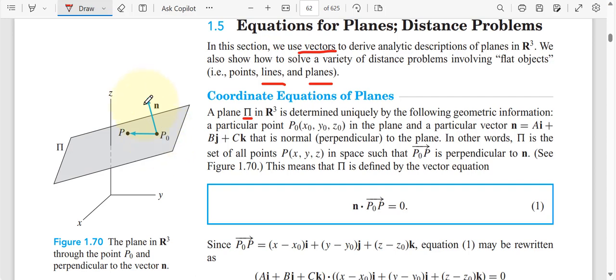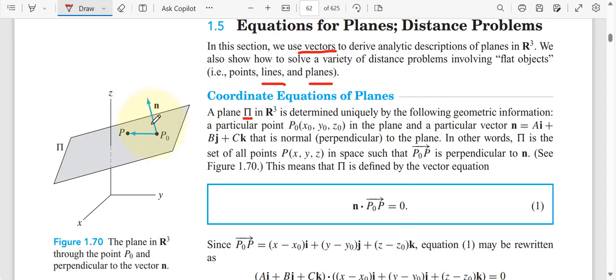So in other words, suppose we have a vector n, then we can talk about the plane which is perpendicular to n. But you'll say, no, that's not right, because there are many planes that are perpendicular to n, and that's right. But at least it's not all possible planes, right? There are many planes that are perpendicular to n, but there are certainly many planes that are not. So we're going to put in one condition, that the plane has to be perpendicular to n, but that doesn't single out a unique plane.